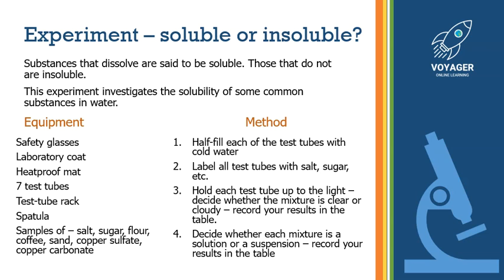Now, if you don't have the time or you don't have the equipment, you can have a bit of an estimate or a bit of a guess at what would happen if you were actually to conduct the experiment, and have a go at doing that. So pause the video while you have a bit of a guess and fill in your table, or actually do the experiment. And when you're ready to compare your answers, restart the video.